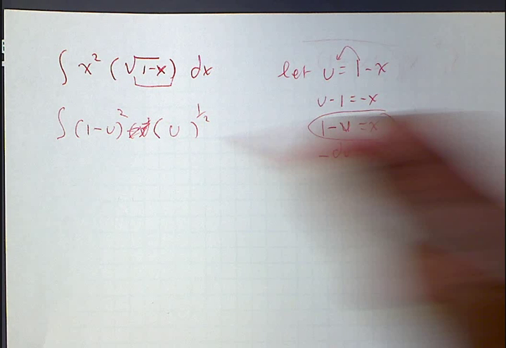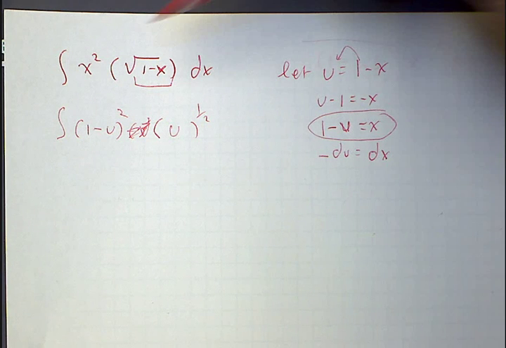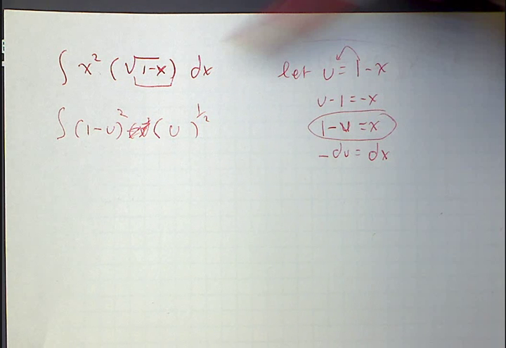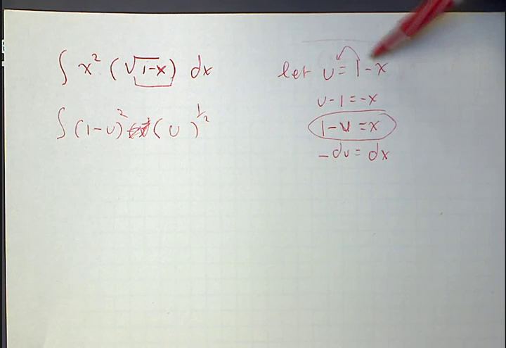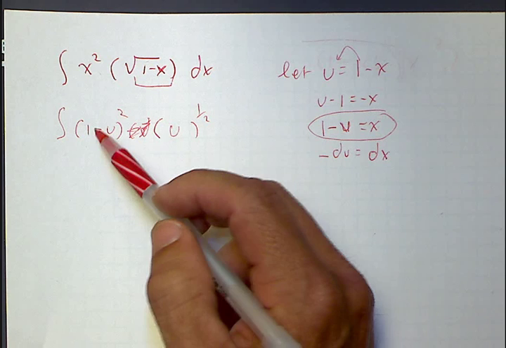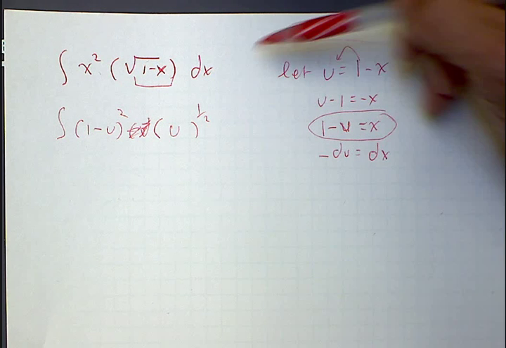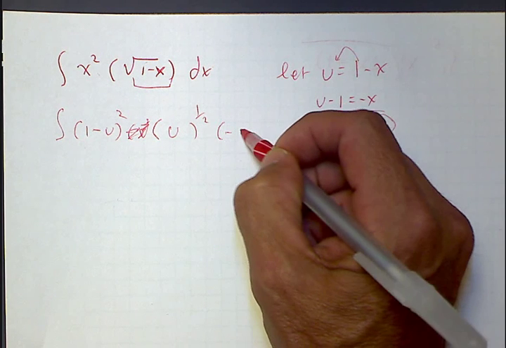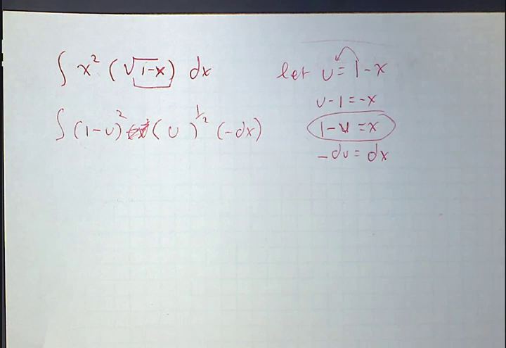Okay? So here's what's happening. I replace the x with what x is, and I replace 1 minus x with what 1 minus x equals. This is u right here. And the point is now I have u here and u here, and finally replace dx with du. If I do it right, I've replaced every x with a u now.